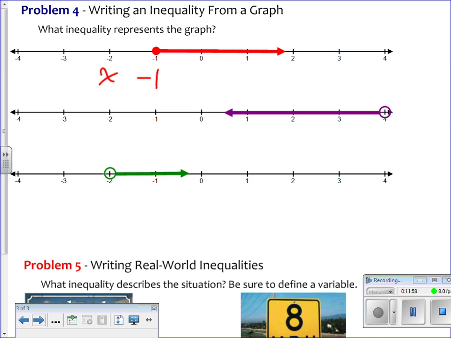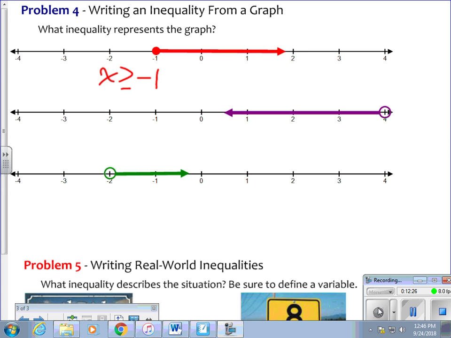Is x bigger or smaller than -1? Bigger than -1. Can it be -1? Yeah, so x is greater than or equal to -1. You have a variable, find the important number, and compare. Larger, smaller, can it be that? Okay. Give the next two a try.